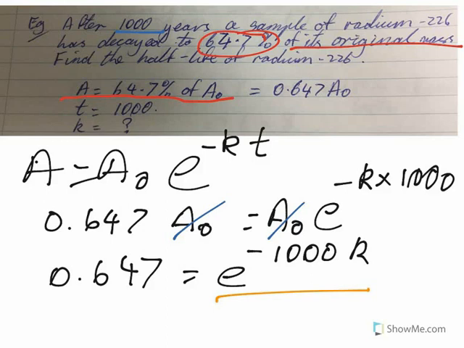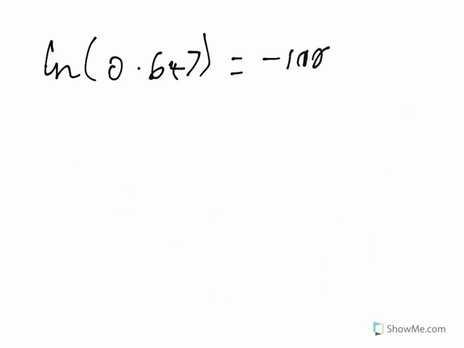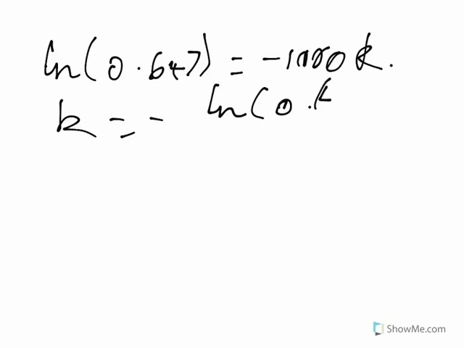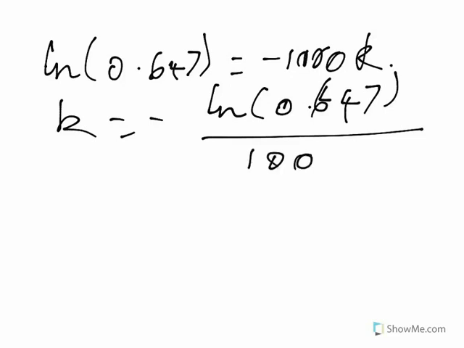So log to the base e, natural log, ln both sides. So when we take ln of both sides, we get ln of 0.647 equals negative 1,000k. So k then would be negative ln of 0.647 over 1,000.